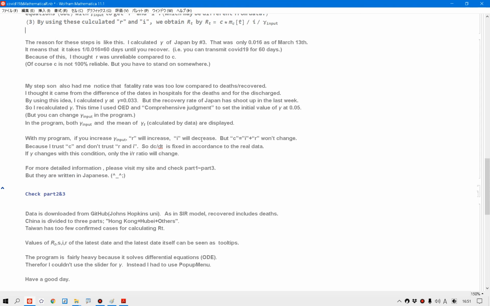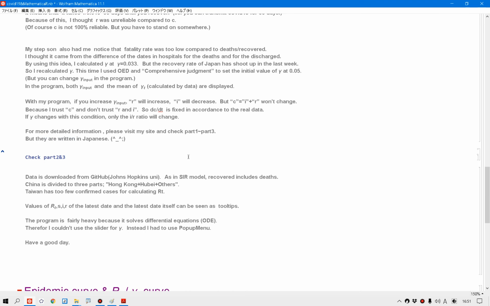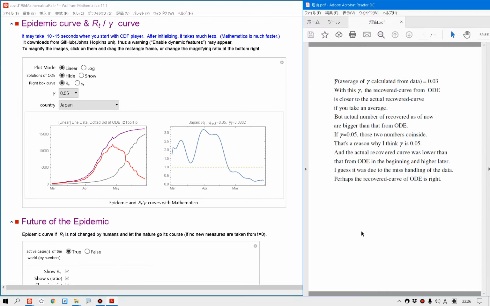And I will decrease, because I trust C, so R plus I doesn't change. For more detailed information, please visit my website, but it's all written in Japanese. Data is downloaded from GitHub, Johns Hopkins University.